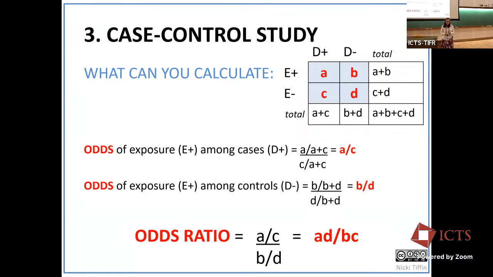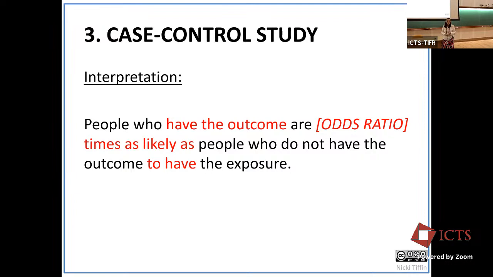So using your 2x2 table, you can once again calculate the odds of the exposure amongst the cases, the odds of the exposure amongst the controls, and you can build a ratio from this sum. So your odds ratio will give you an indication of the likelihood of people who have the disease having had the exposure of interest.